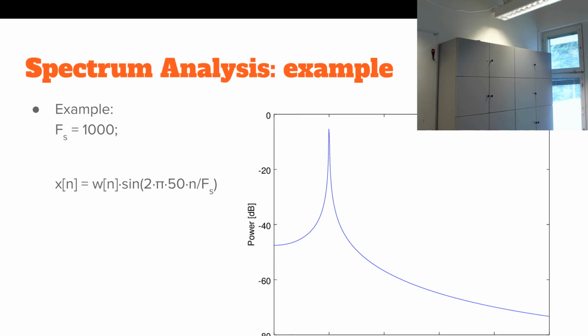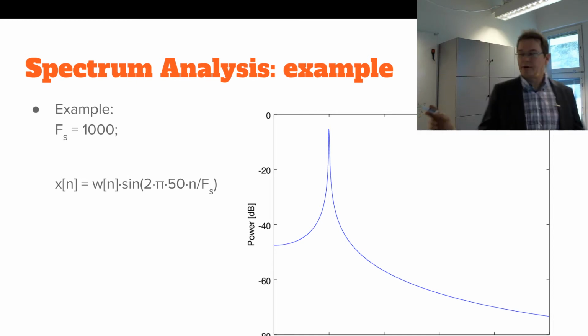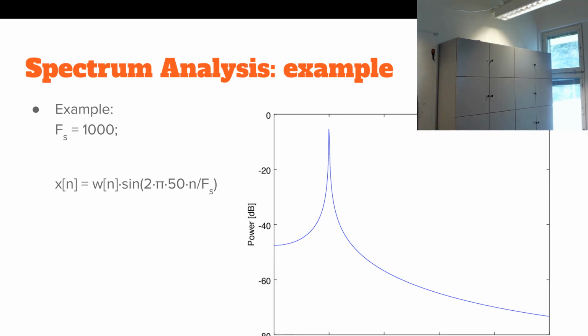And up to the last point, which is sampling rate over 2. And there you have the amplitude response only defined on those certain points.